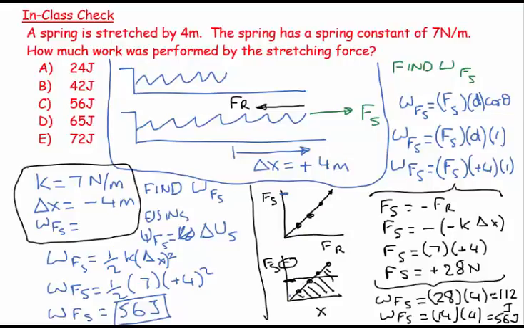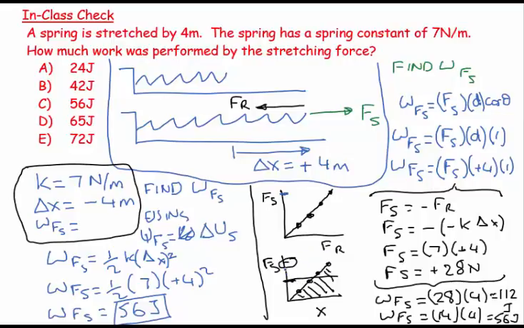And because the stretching force depends directly on extension, it will go linearly with extension. Therefore, I can say, well, okay, then the stretching force is the midpoint between 0 and what it ends up finally being.